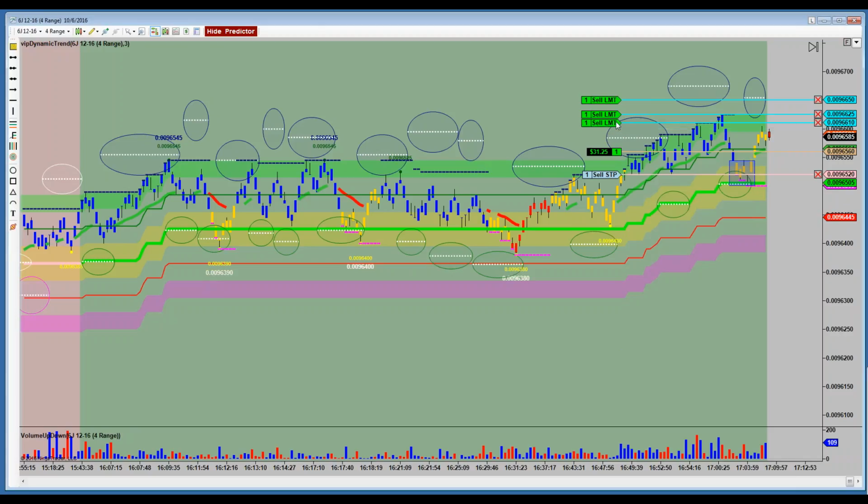Starting with the lowest, A, B, C is the highest. Type in your vote for the target. A, lowest, B, middle, right at the swing, and C, up at the predictor, up here. Cast your votes. And whatever the predominant vote is, that's what we'll take.